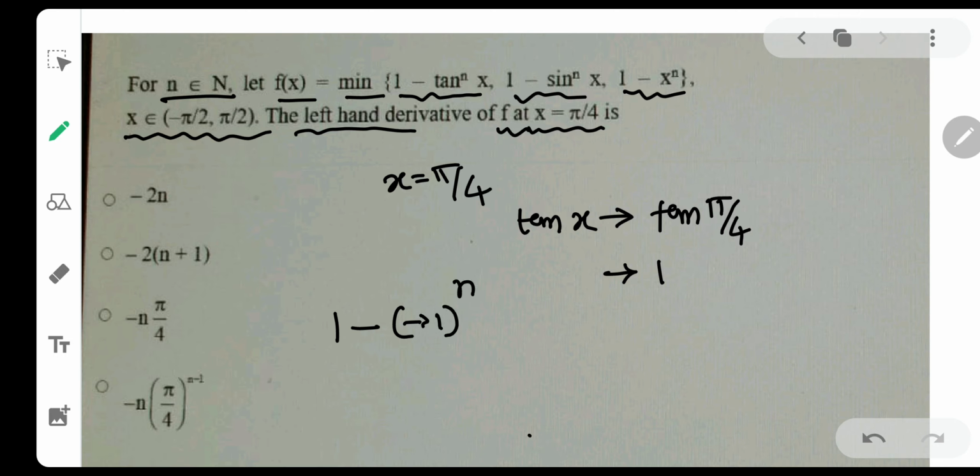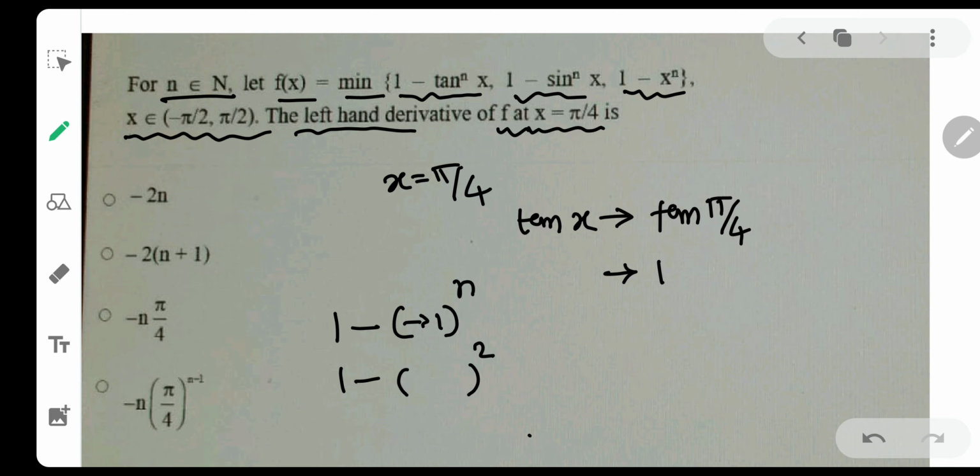Now n is a natural number. It could be 1, 2, 3, literally anything. For your understanding I am taking it as 2, so that you understand the logic, because if I explain it with n it will be very difficult for some people.